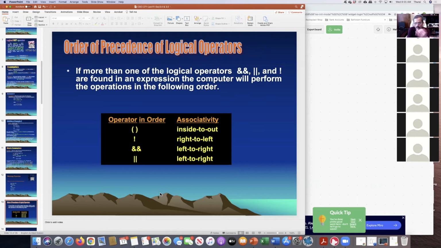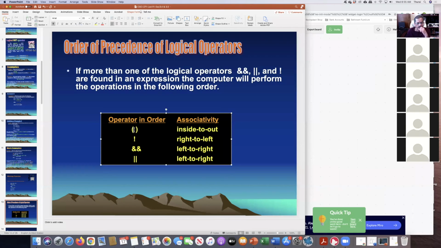After that, multiplication, division, modulus, and if there are more than one of those, it will go from left to right. After that, plus and minus will be carried out. That's the order. So what about logical operations? For the AND operator and OR operator, we need to understand the order.